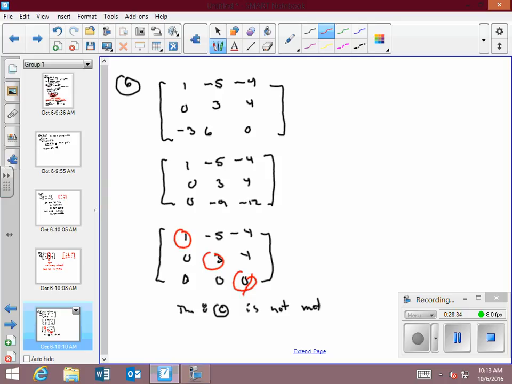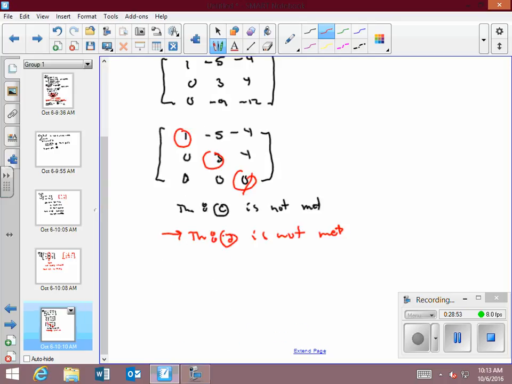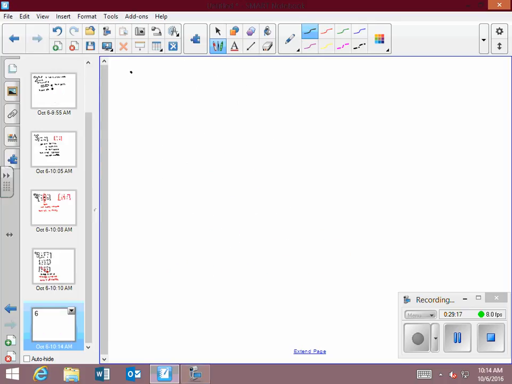So because theorem 8C is not met, that implies theorem 8A is not met, and the matrix is not invertible. I guess it's maybe obvious.